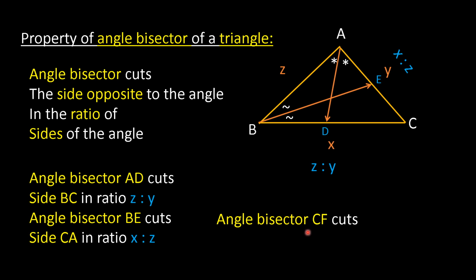And angle bisector CF cuts side AB, which is opposite to angle C, in the ratio Y as to X, where Y is length AC and X is length BC.